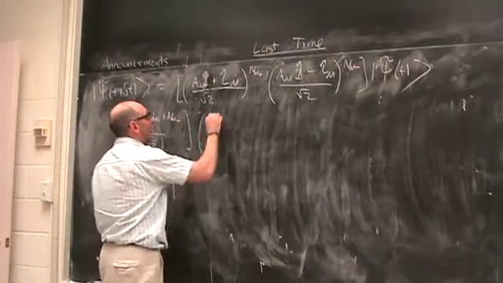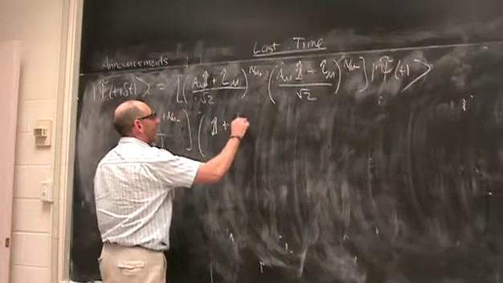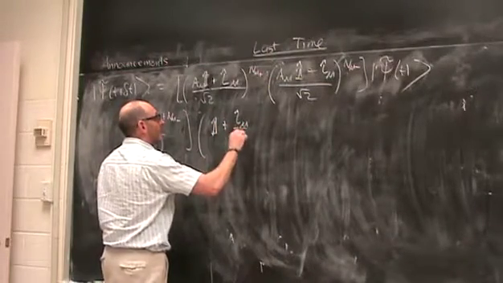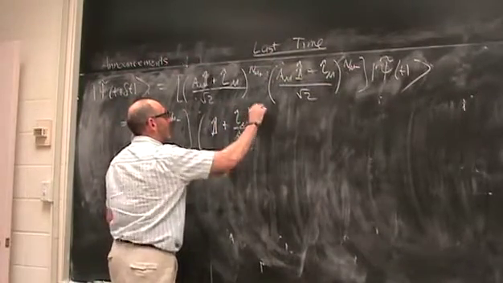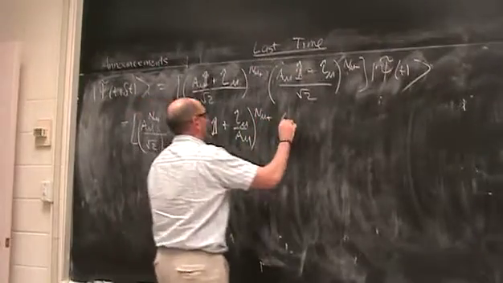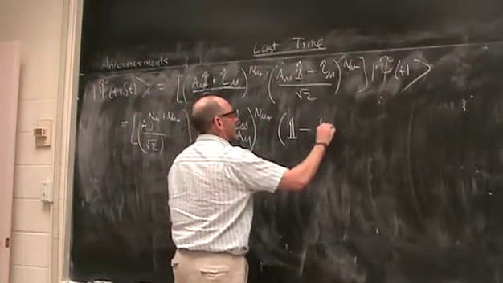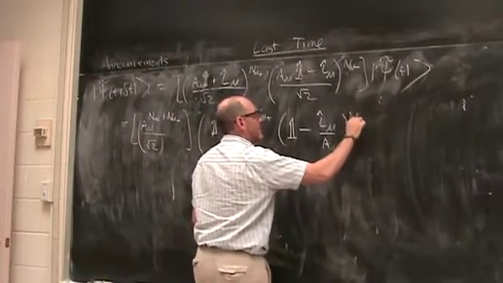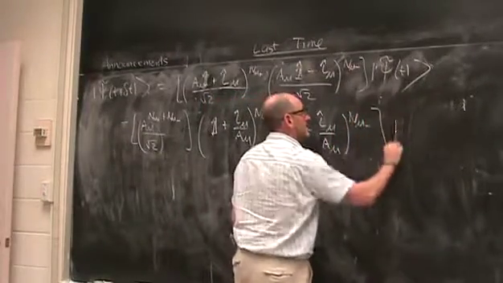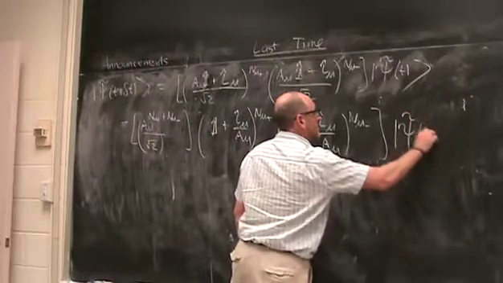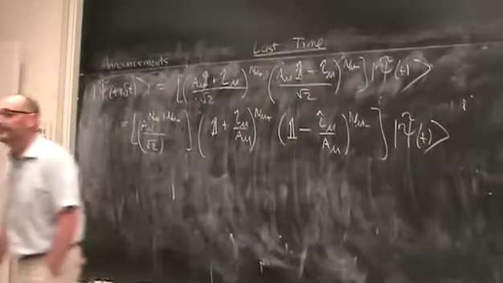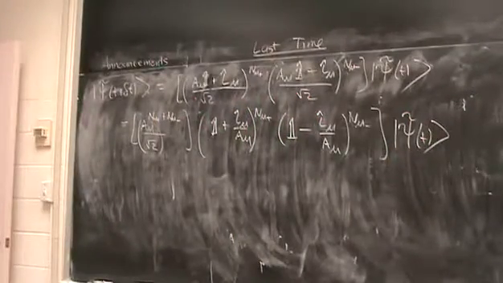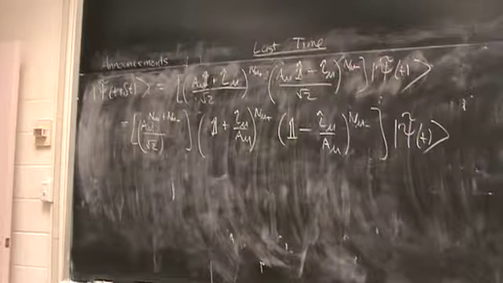And then I have 1 plus L mu over a mu to the power n mu. So far, so good. And we have only one mu in the problem?